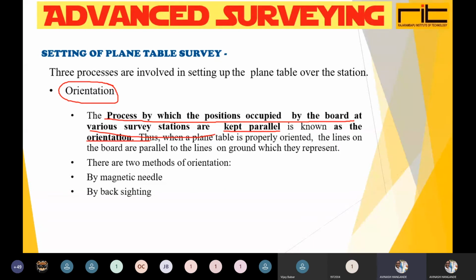Suppose we have a plane table. Here we have one point, these are the two lines.